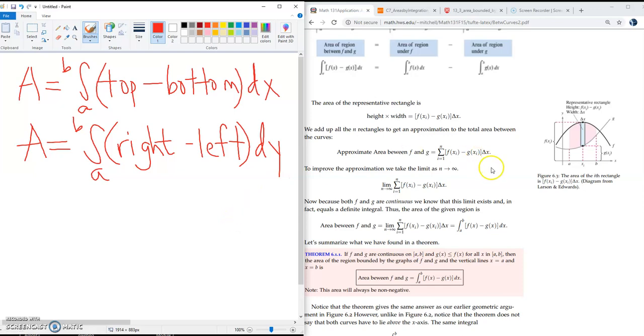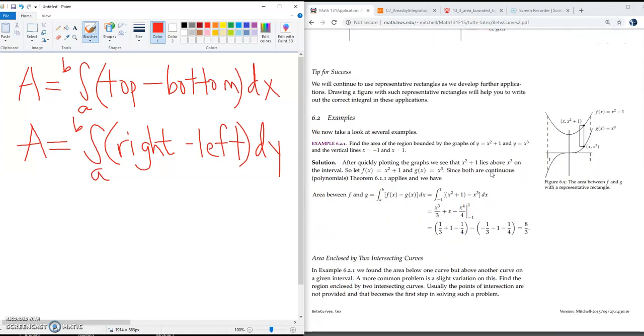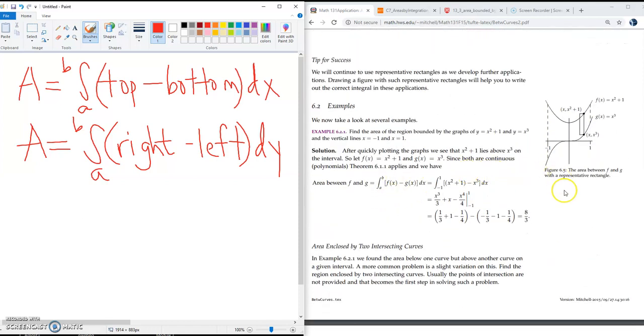Let's look at an example where we have two curves. This one right here, indicated by figure 6.5. Find the area of the region bounded by the graphs of y equal to x squared plus 1 and y equal to x cubed, and the vertical lines -1 and +1.